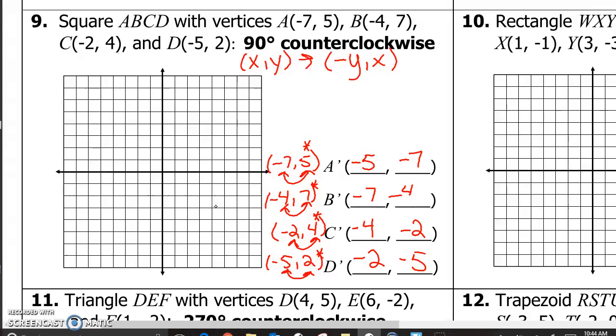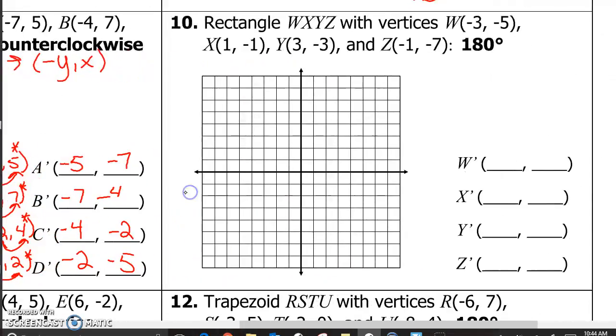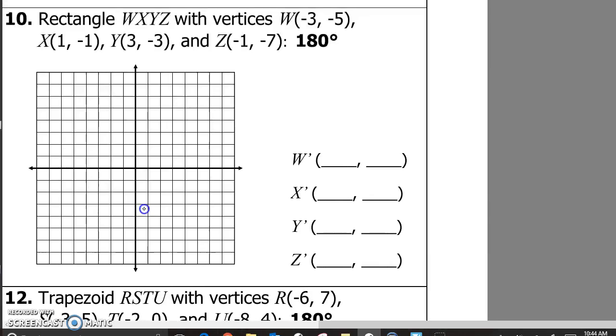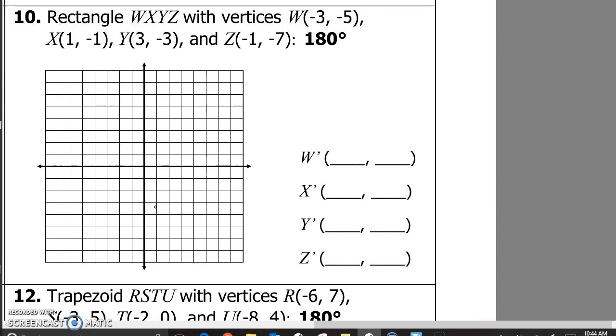Okay, number 10, we are rotating it 180 degrees. So it's one of the easier ones. For 180 degrees, the rule is, it just switches. So x, y now becomes the opposite of x and the opposite of y. So the opposite of negative 3, negative 5 is 3, 5.